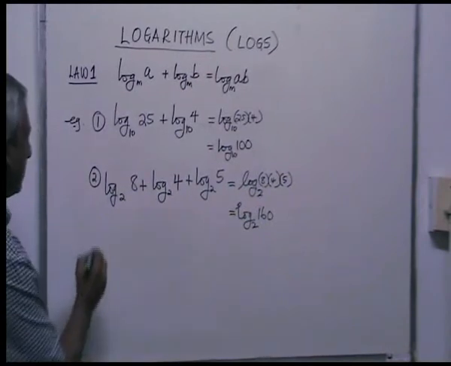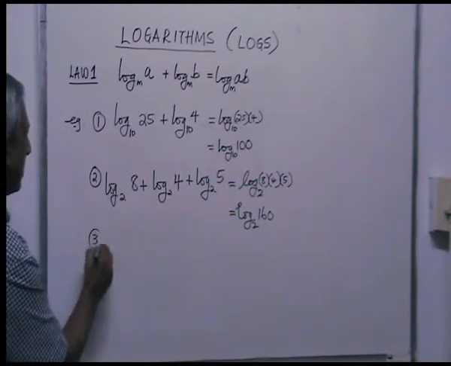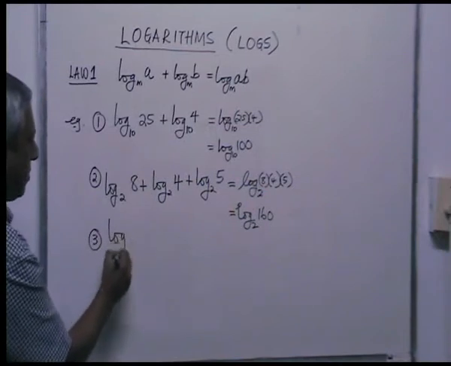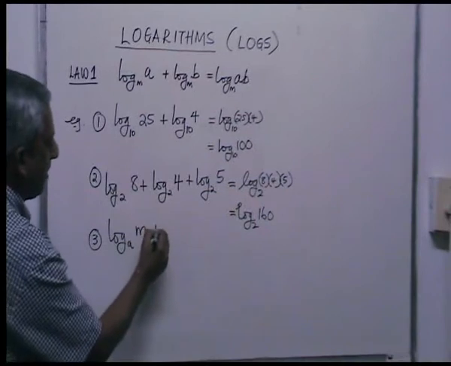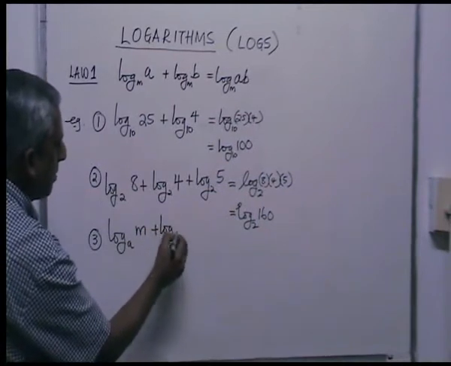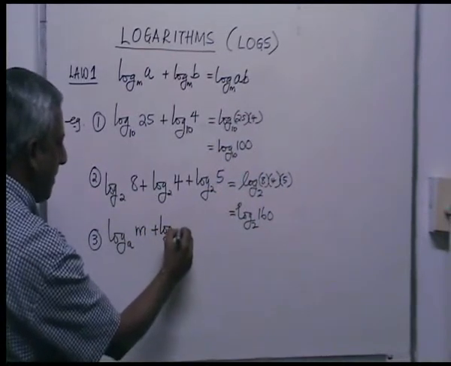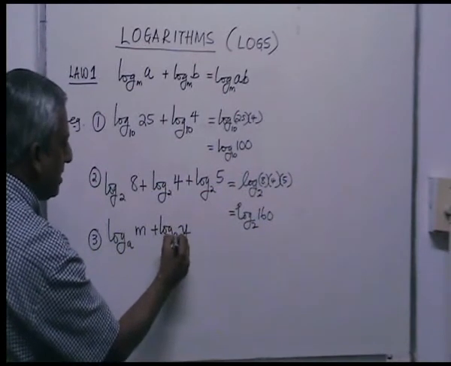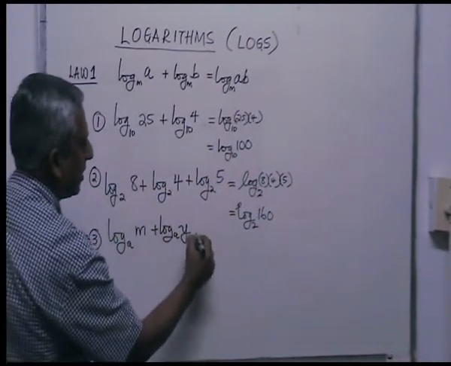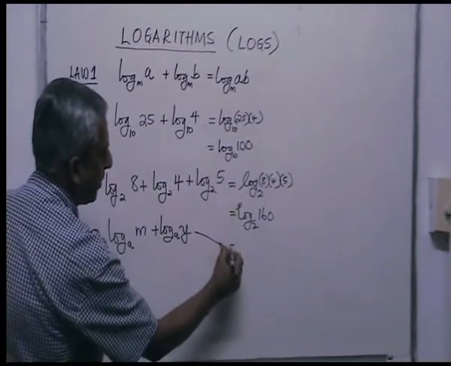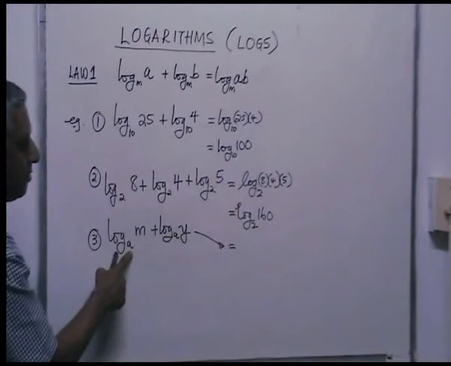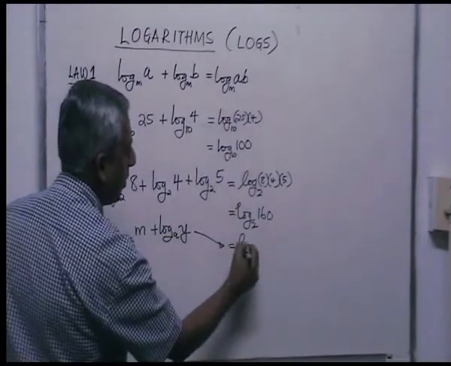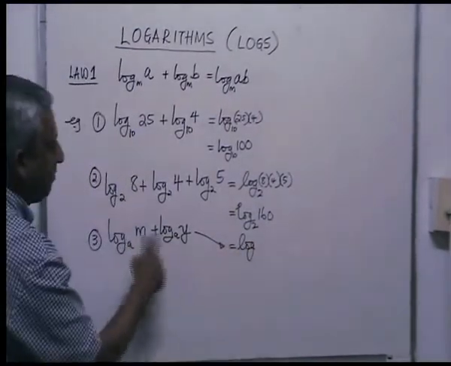Alright, so let's do another example. This time we'll introduce some letters. Let's say log of m to the base a plus log of y to the base a is equal to, well, the bases are exactly the same, so it will become log m times y.